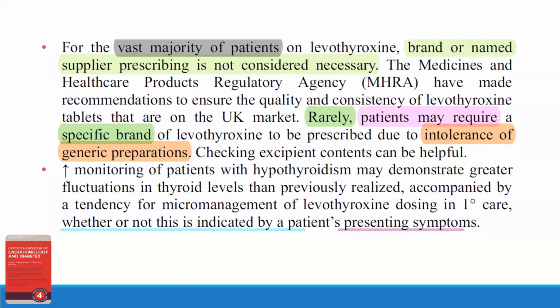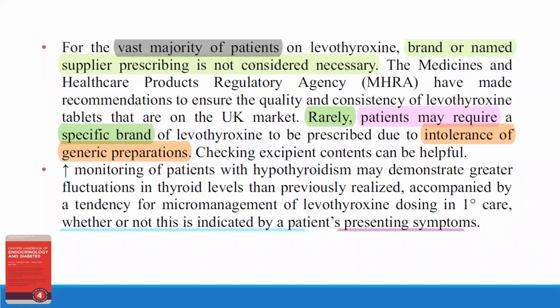Don't let the patient receive Eltroxin in some months and Euthyrox in other months, because these two drugs are not biochemically equivalent. If you change the trade name, please recheck the thyroid function test after 6 weeks. Any change in the dosage or the form of levothyroxine requires a thyroid function test, and this is recommended worldwide.